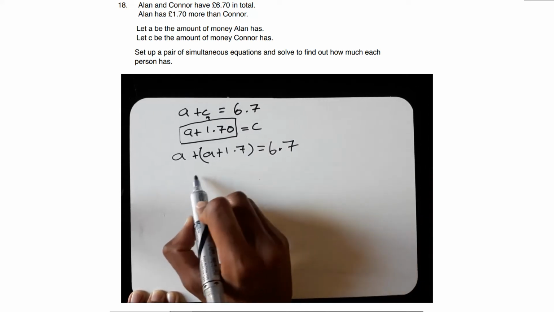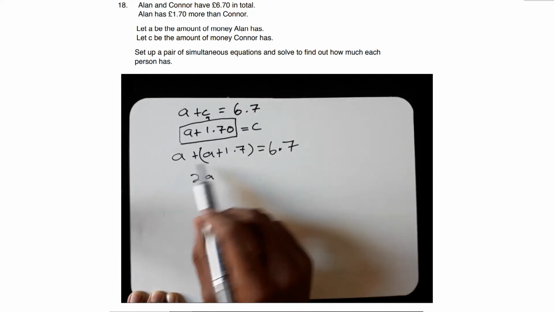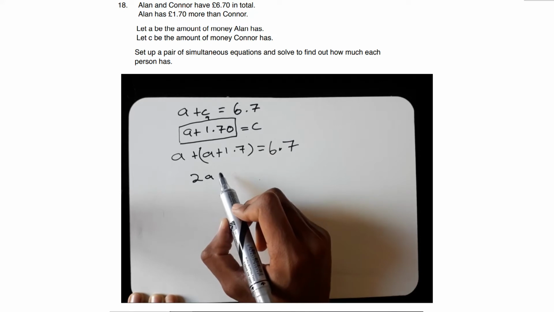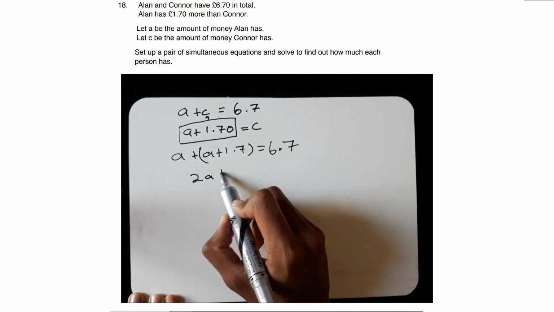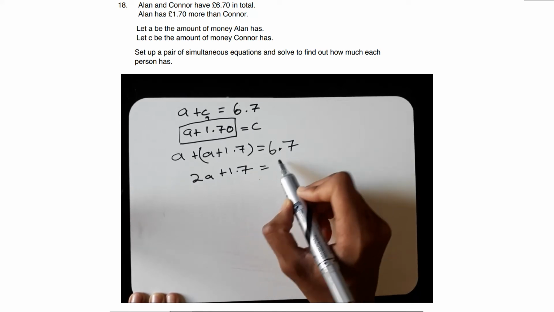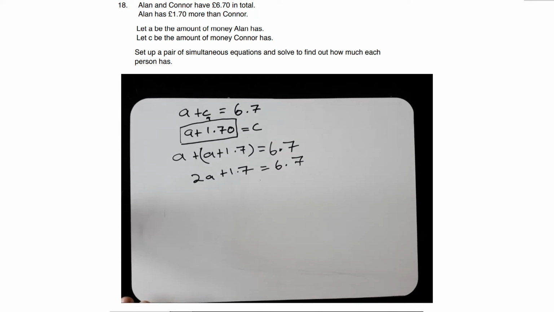If we expand this, it's going to be 2A, because it's a plus, plus 1.7 is 6.7.